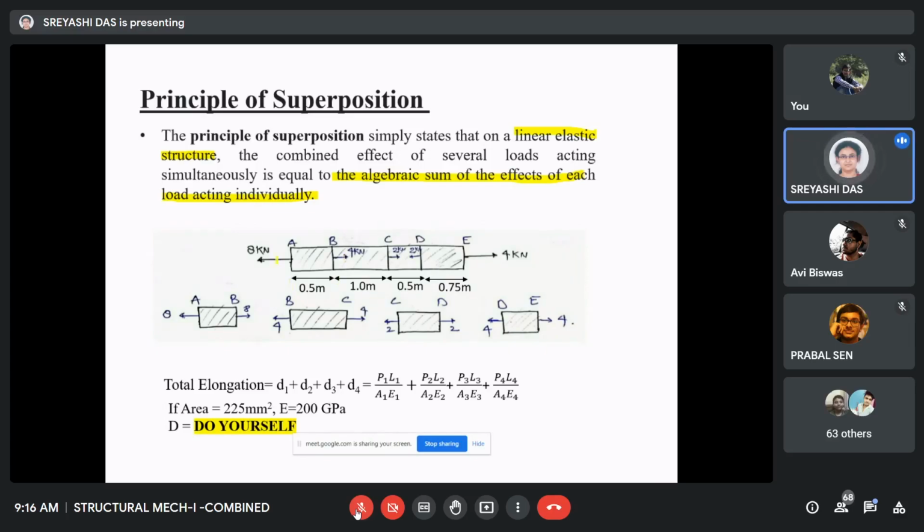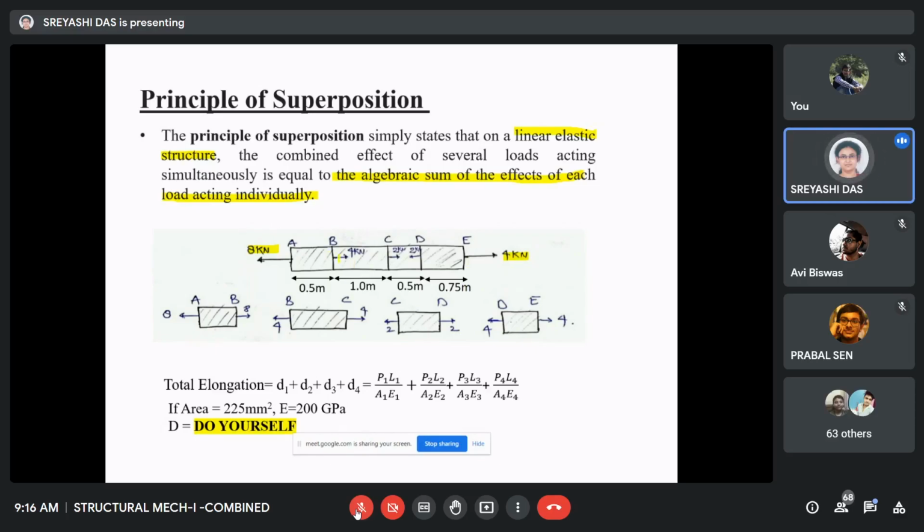Now this is a very simple case. Suppose a rod is taken, and an 8 kilonewton axial tensile load is applied at the left end, and a 4 kilonewton load is applied at the right end.